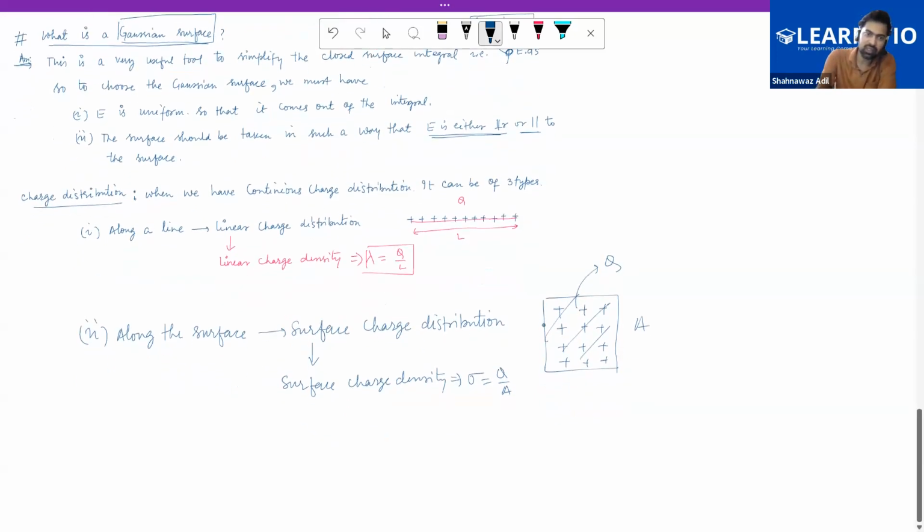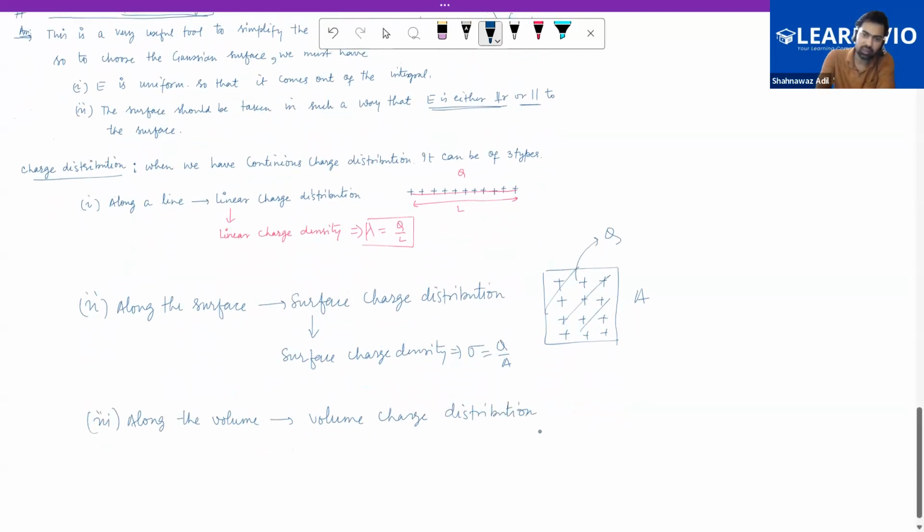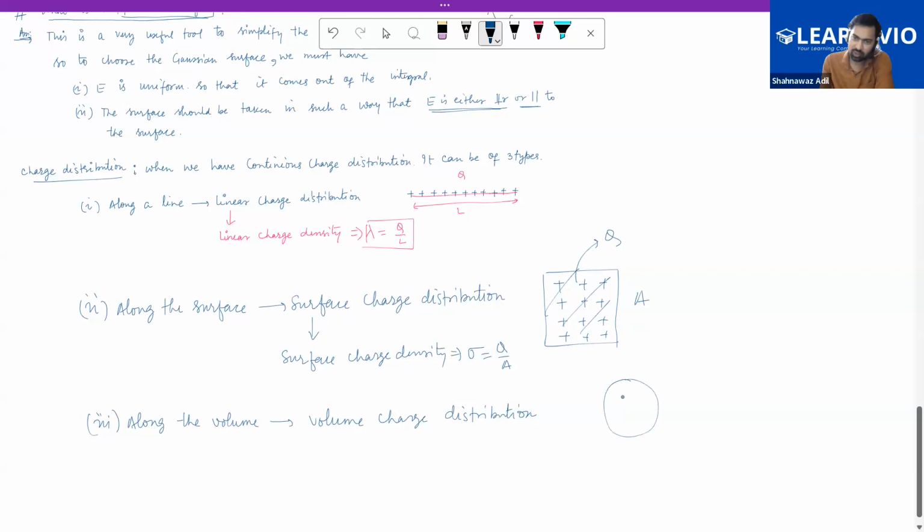And then finally, we have charge along the volume. So this is volume charge distribution. And what is the example of volume charge distribution?